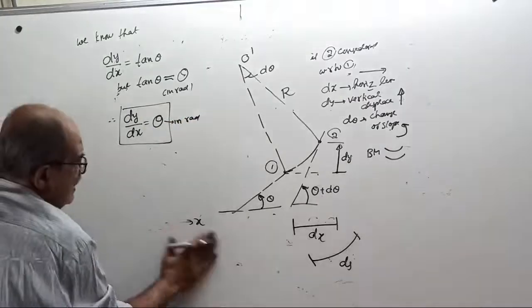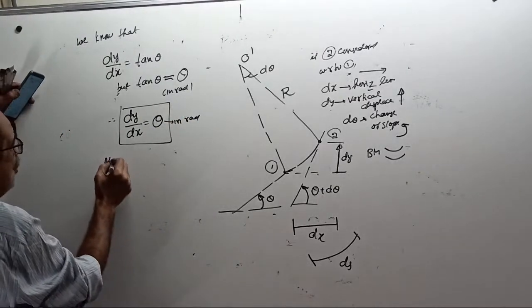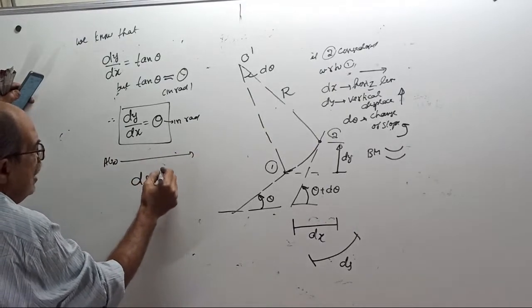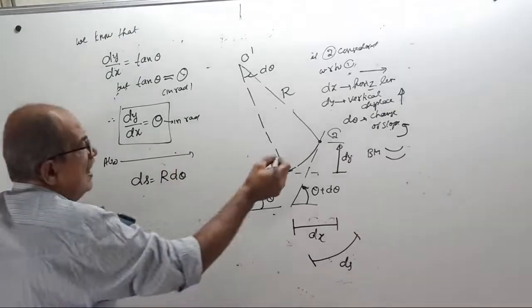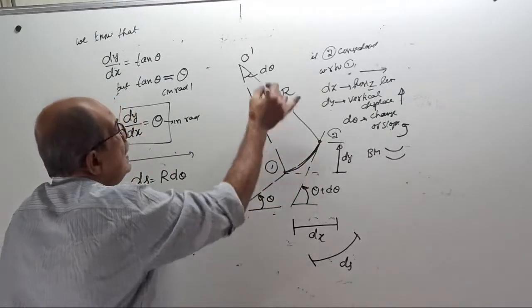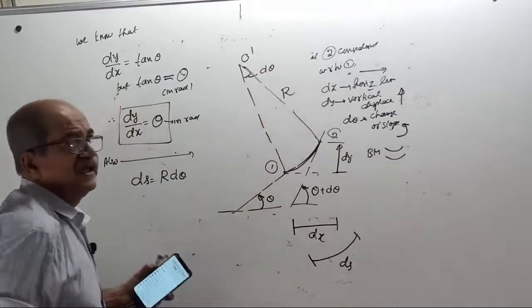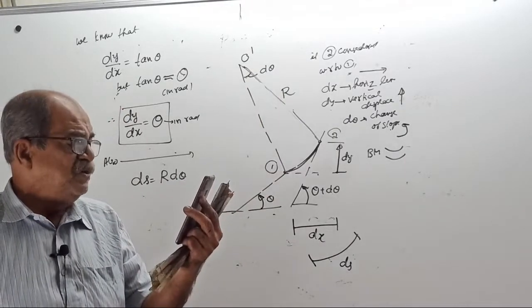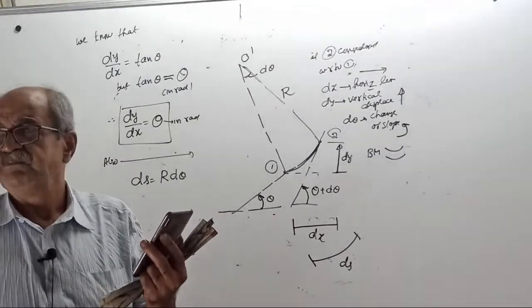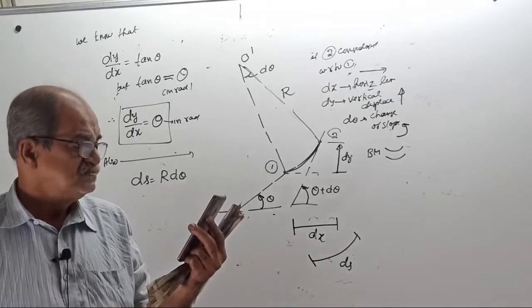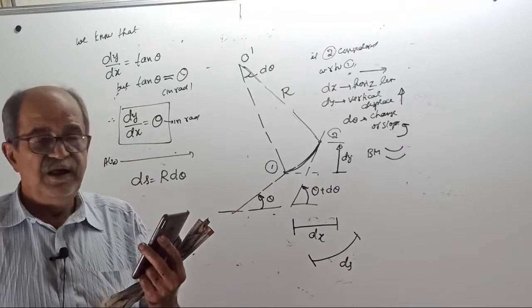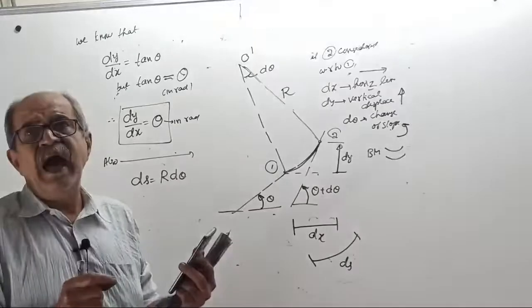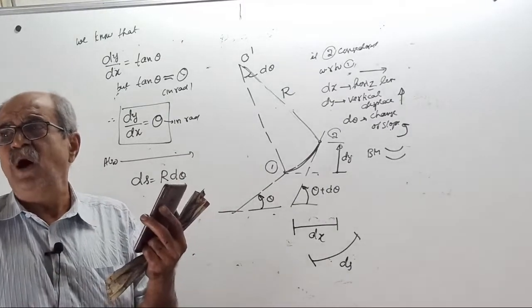One aspect over. Second one, we know that ds equals r d theta. Yes or no? Arc length equals radius into d theta. Arc length equals angle at the center into radius.